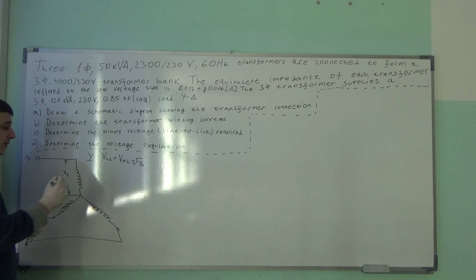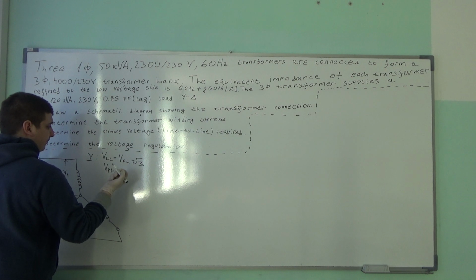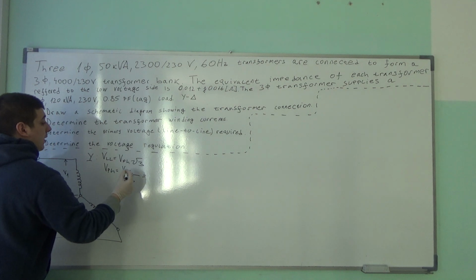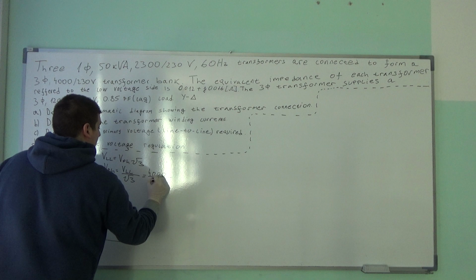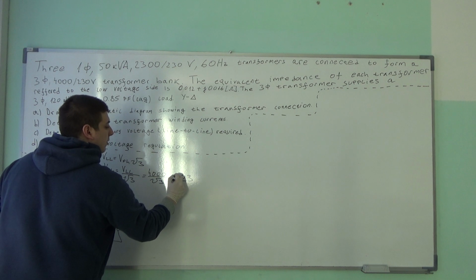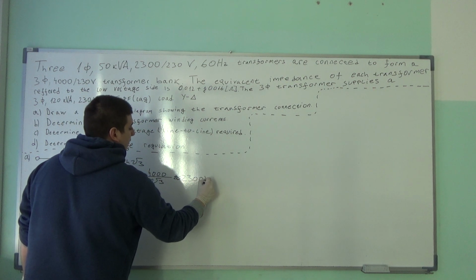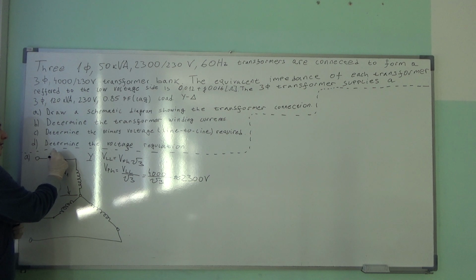So the phase voltage over here is the line voltage divided by the square root of 3. The line voltage is 4,000, and that is almost equal to 2,300 volts. So that is why the primary side is a Y connection. Here we have current I1.